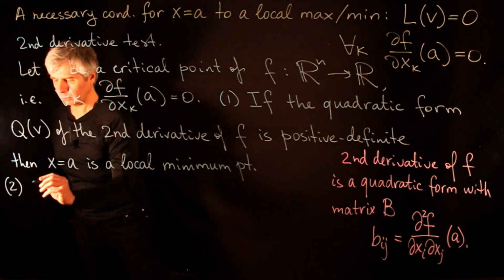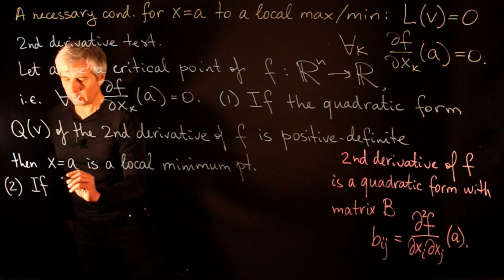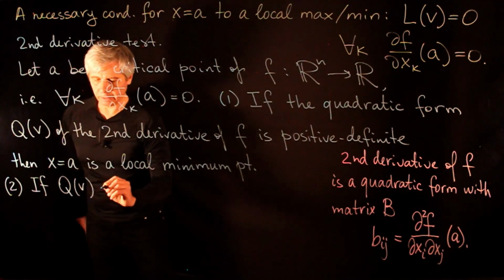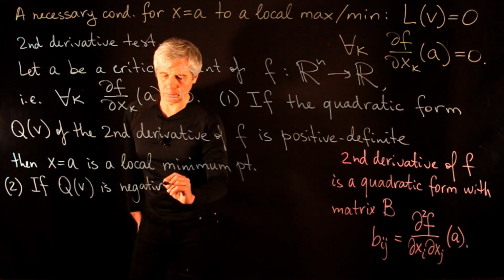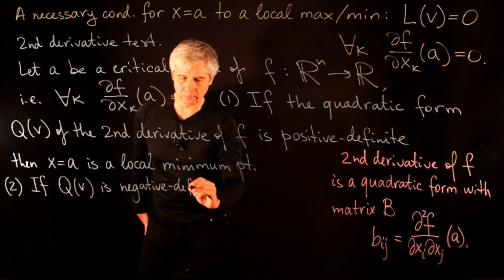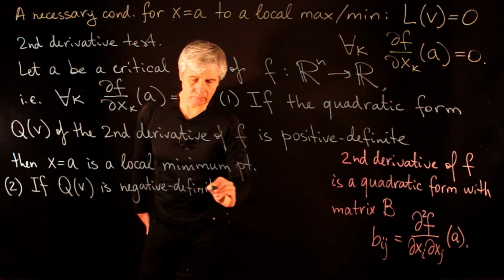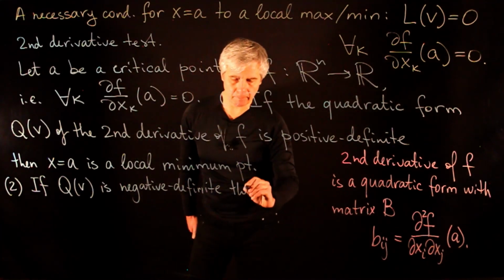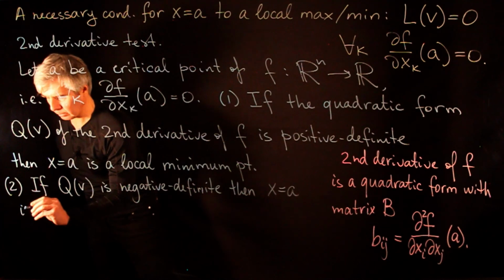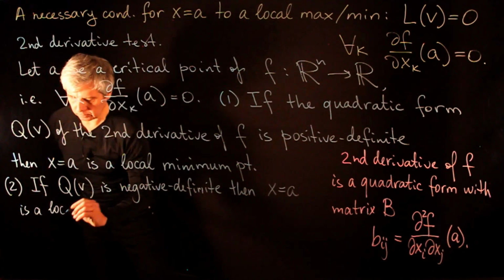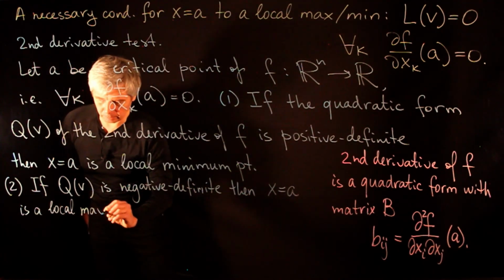2. If q of v is negative definite, then x equals a is a local maximum point.